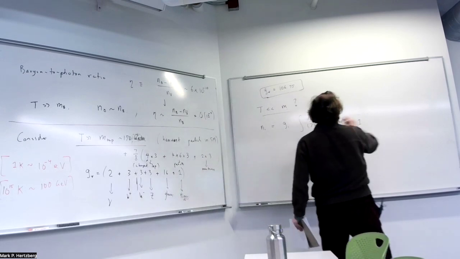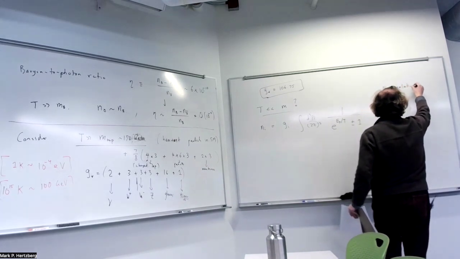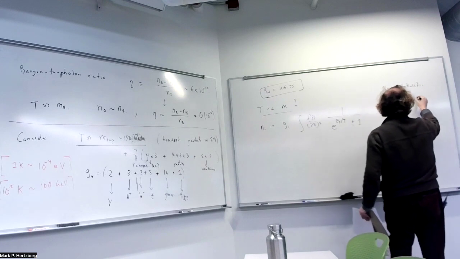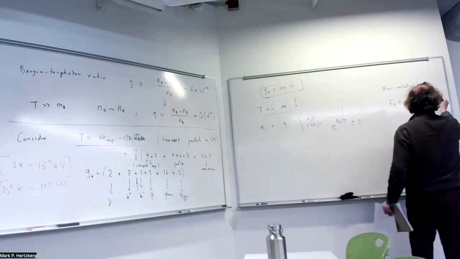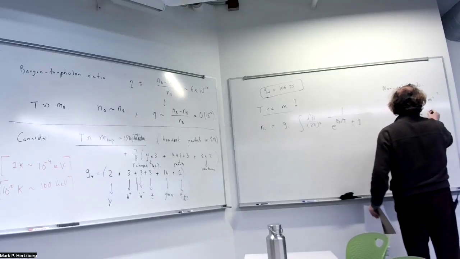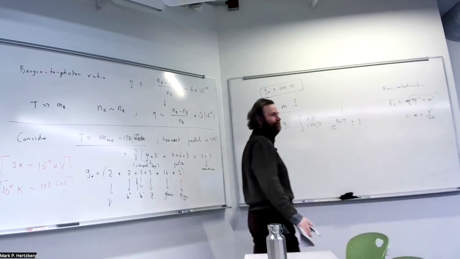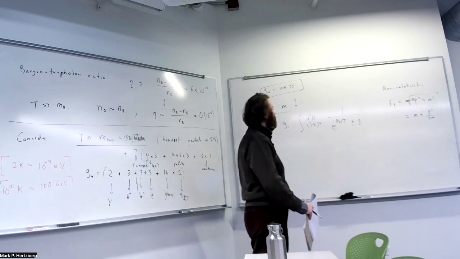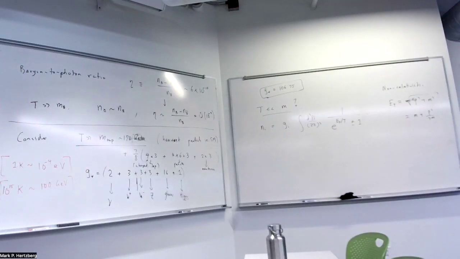And in this regime, this is the non-relativistic regime now, E(p) is approximately m. It's root p squared plus m squared, and now it's approximately m plus p squared over 2m. At low temperatures, you're dominated by the lowest values of E that are available. So the lowest momenta will dominate the integral. That's why I write that.